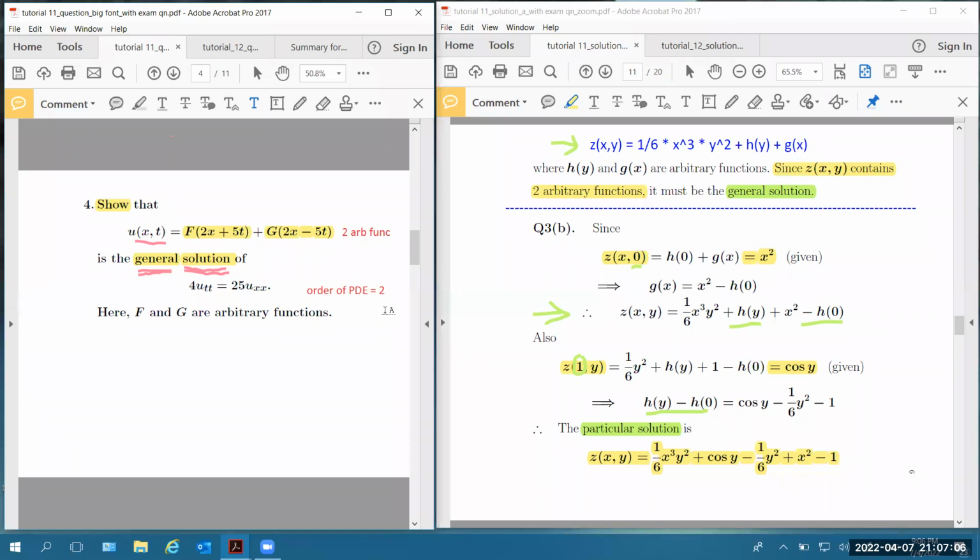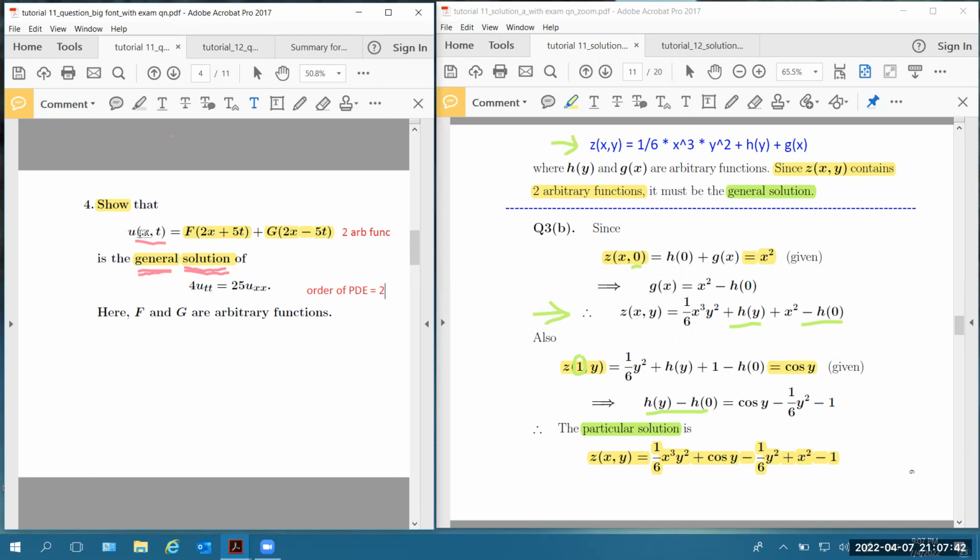So therefore, this thing has 2 arbitrary functions, which is the same as the order of the PDE. So from here, you can say that if you can show that your u(x,t) is a solution of this PDE, then it must be the general solution, because we know that the general solution must contain two arbitrary functions, and this one contains 2 arbitrary functions.